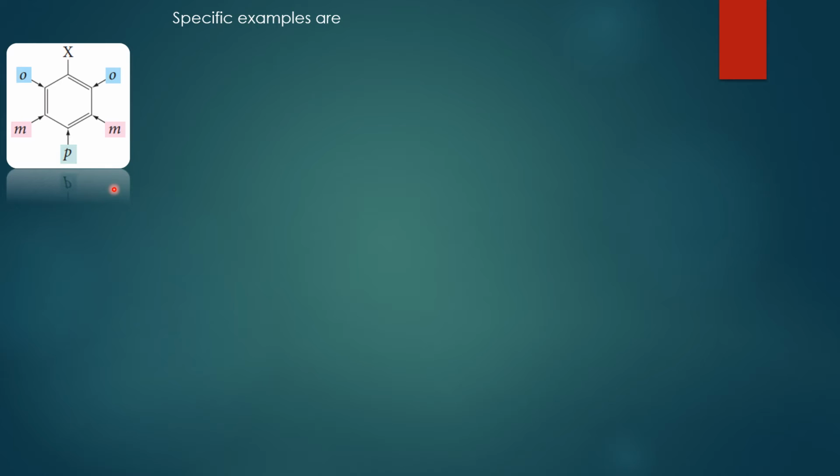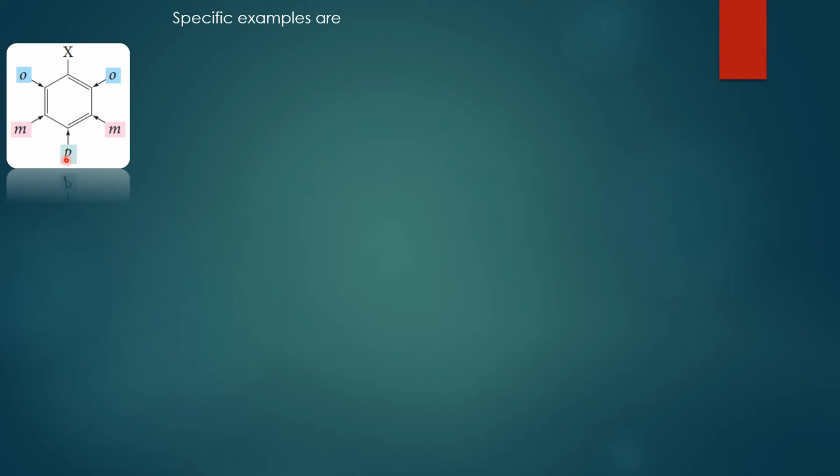If substituent X is attached by convention to carbon 1, then ortho groups are at the 2 or 6 position, meta groups at the 3 or 5 position, and para groups at position 4.